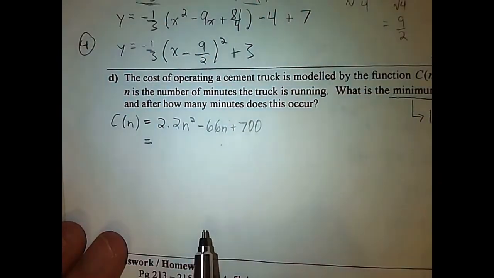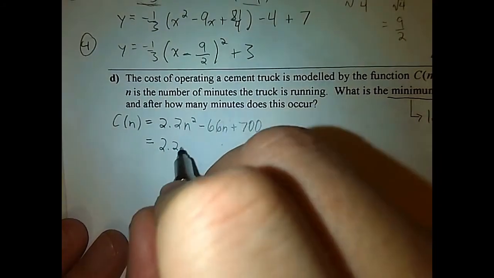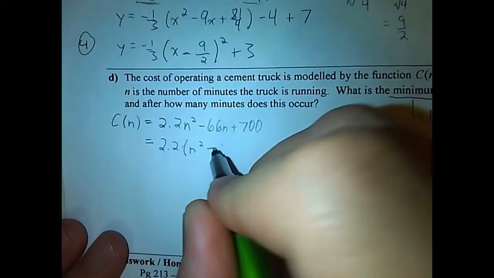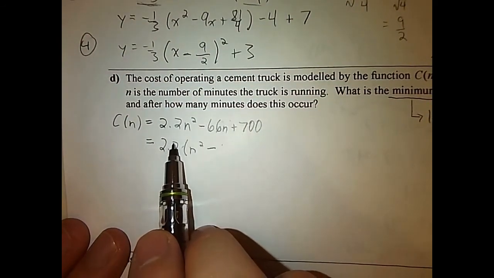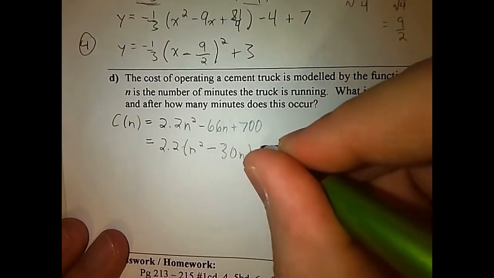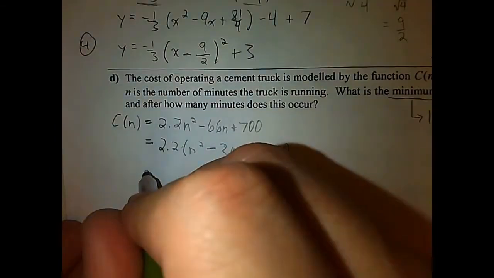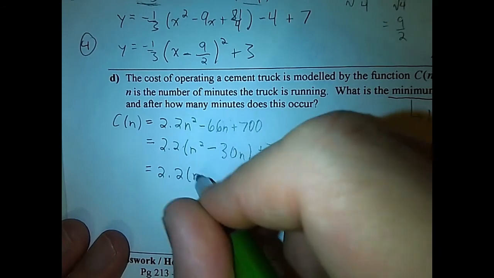So I'm going to first common factor the first two terms. I get 2.2 times n squared minus 30n, since negative 66 divided by 2.2 gives me negative 30n. So I common factor the first two. Then I'm going to do the thing where I get the middle one.